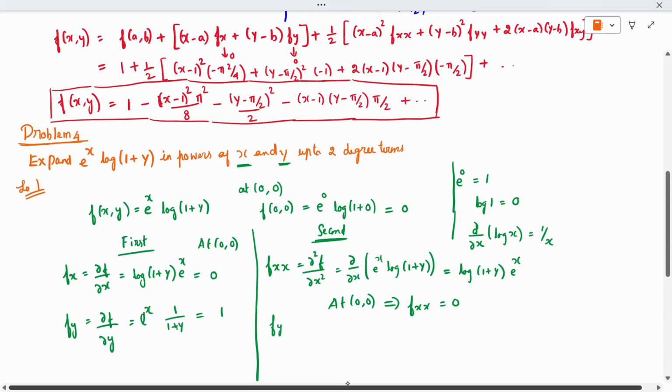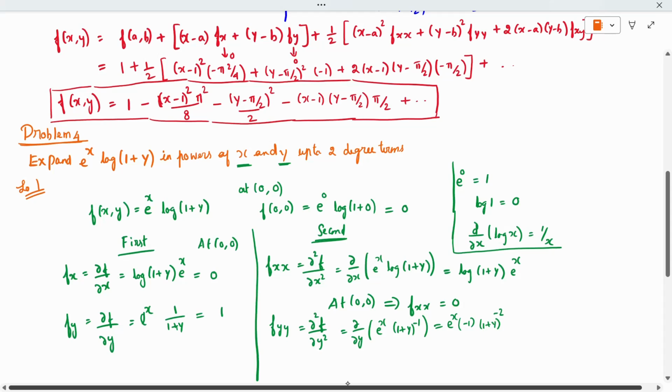Same way fyy, when I do it, ∂²f/∂y². So ∂/∂y of e to the power x into 1 plus y the whole power minus 1. Now e to the power x is a constant. With respect to y we are doing, 1 plus y the whole power minus 1 gives minus 1 into 1 plus y the whole power minus 2 into the inside function's derivative, 1.